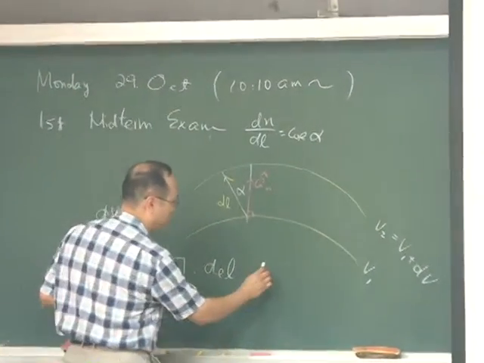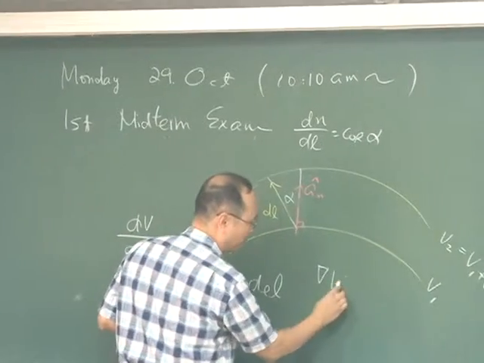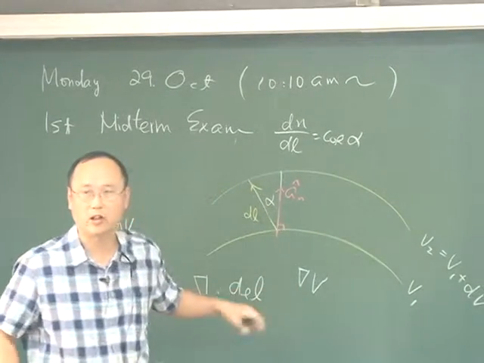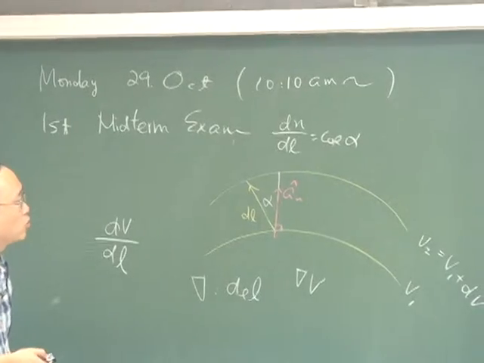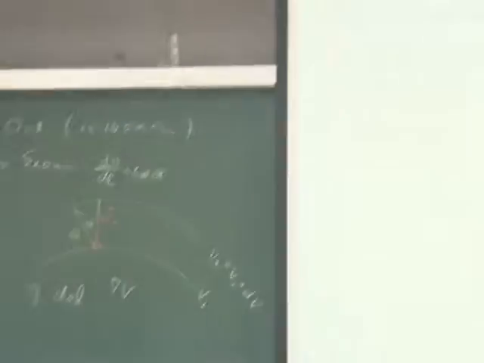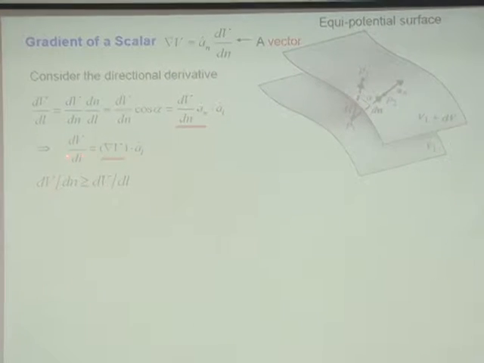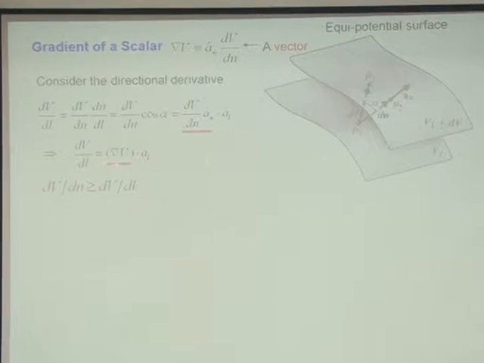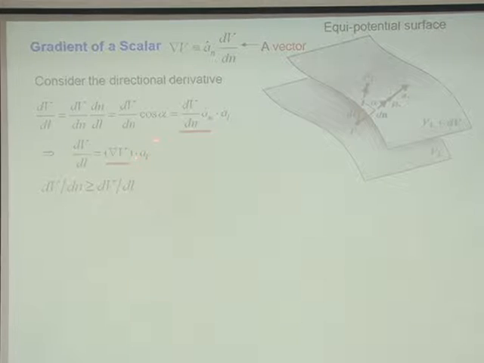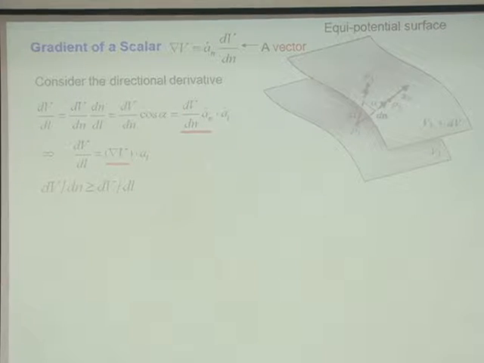Okay, but when you write it into del v, we say this is a gradient of v. So if you do a directional derivative, dv along some length direction. That is equal to the gradient of v dot product with the unit vector along this L direction. Because this dot product is going to give you this cosine, the projection cosine.